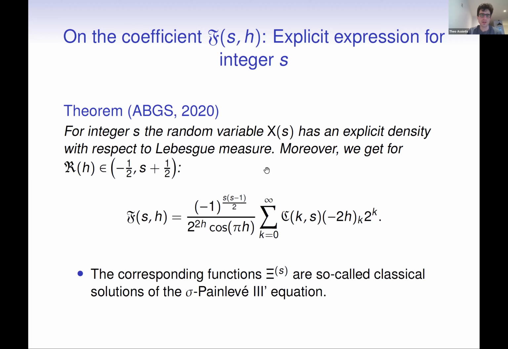In this case, this symbol, some of the -2hk, is the gamma symbol. Yes, it's a Pochhammer symbol. And what about the CKS? I will give you a definition in a moment. So this is the combinatorial coefficient.